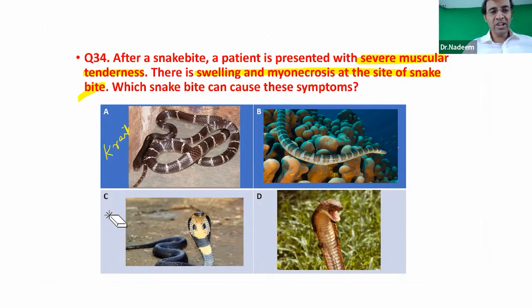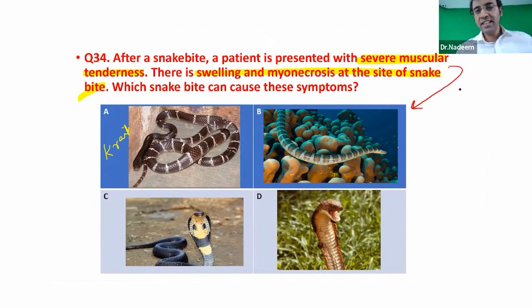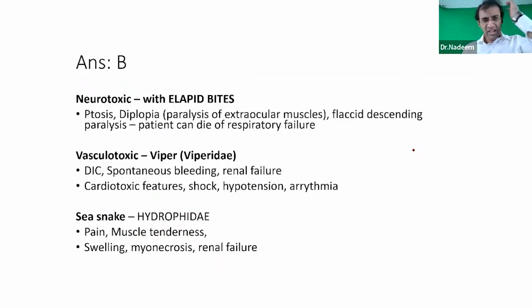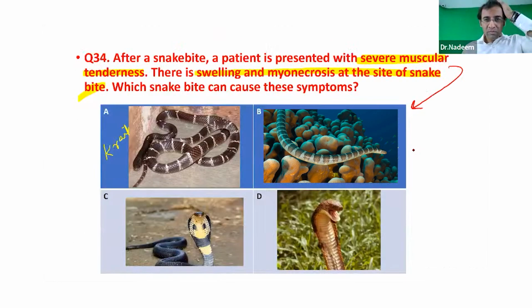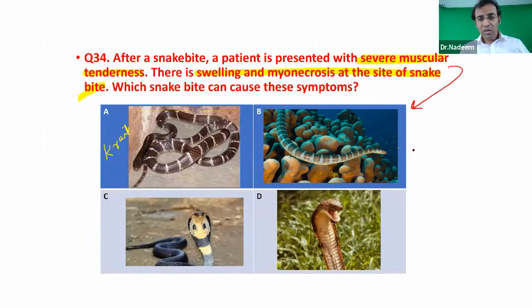As per the clinical condition, the snake was myotoxic. Which snake will it be out of these? Yeah, the options are actually wrong. C snake will be C here, but actually there is no such C snake.